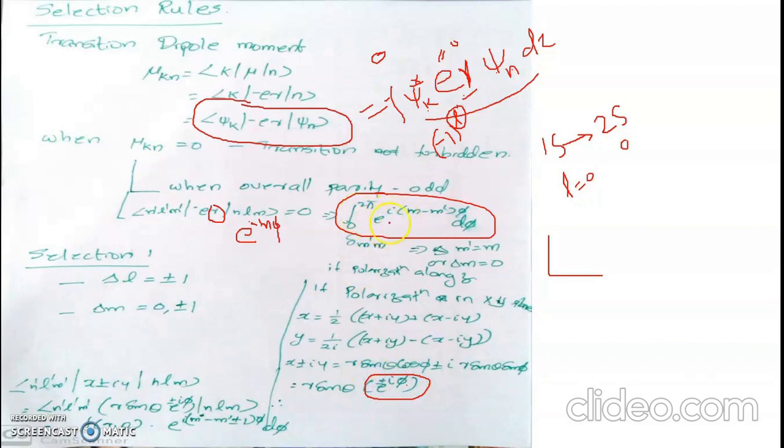Besides this term, e raised to i m phi into e raised to minus i m prime phi, the integral becomes the scalar product of n prime l prime m prime, x plus or minus iy, n l m. This is retained, and x plus or minus iy is replaced by r sin theta e raised to plus or minus i phi.